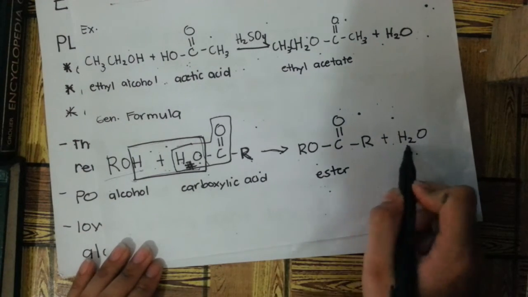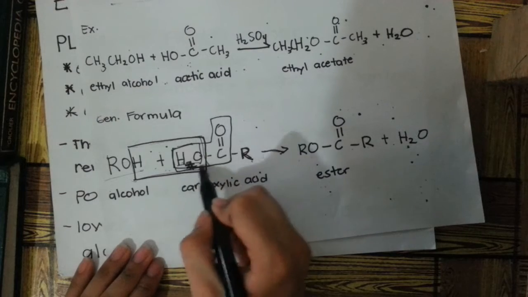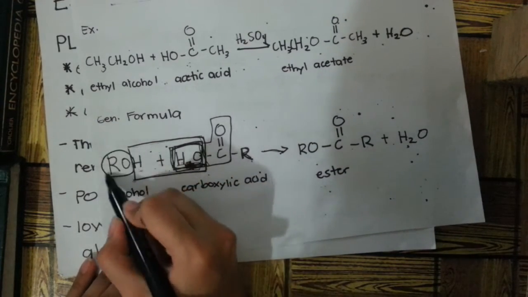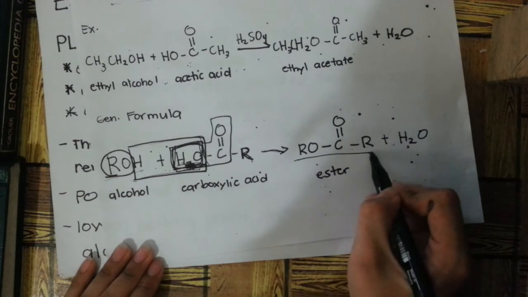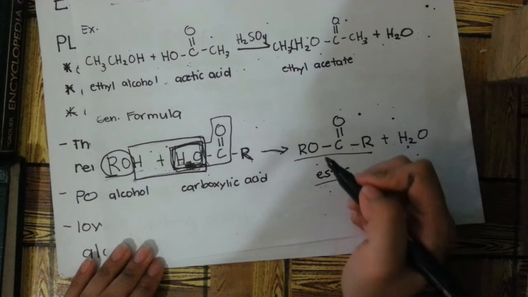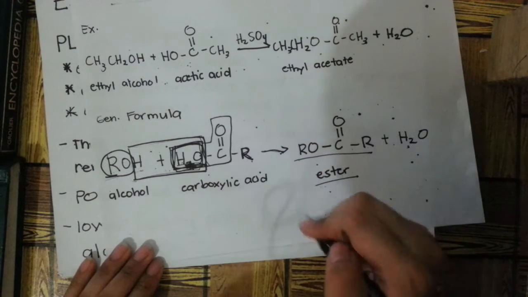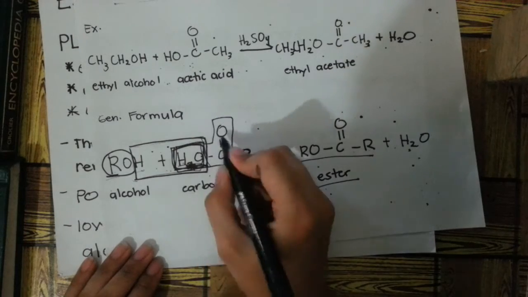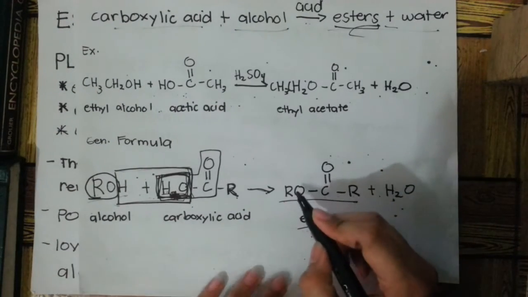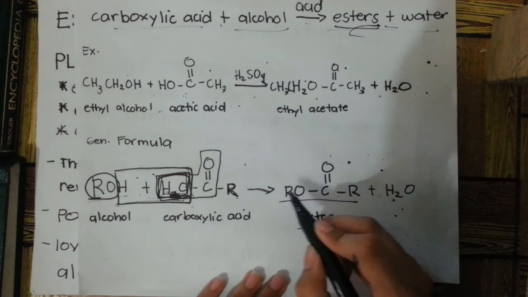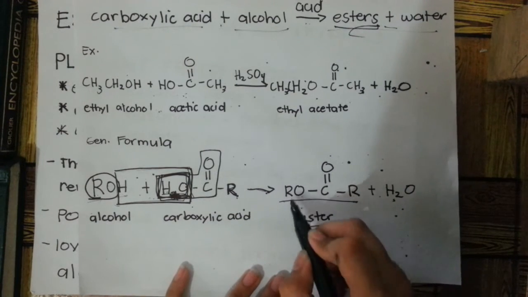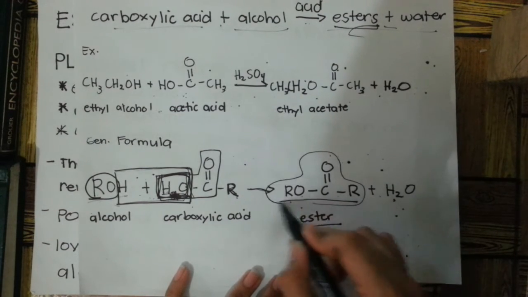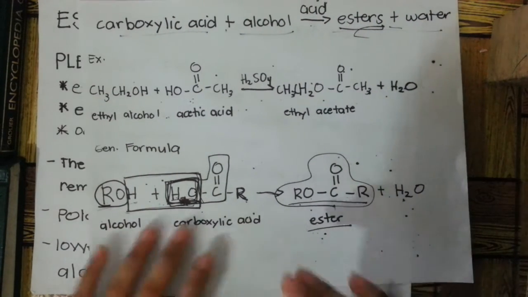And what happens is that when this HO is replaced by this RO, that's the time where it will create esters. Summarizing it all, once this OH of carboxylic acid is fully replaced and a new set of oxygen and functional group is added to this compound, that's the time we call it ester.